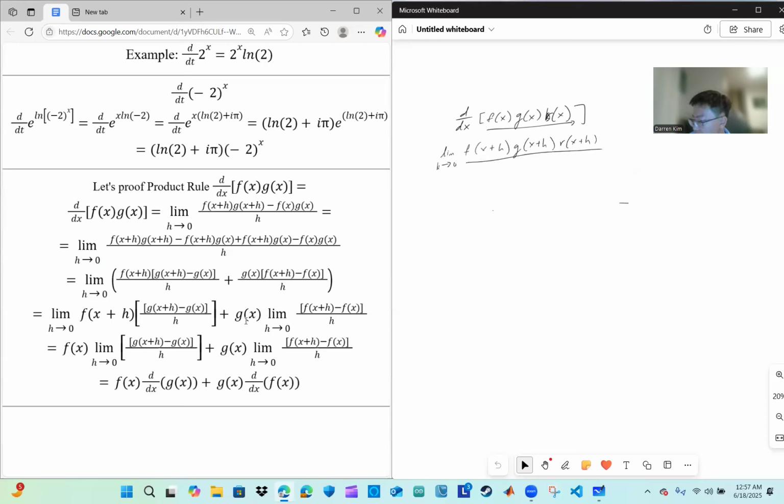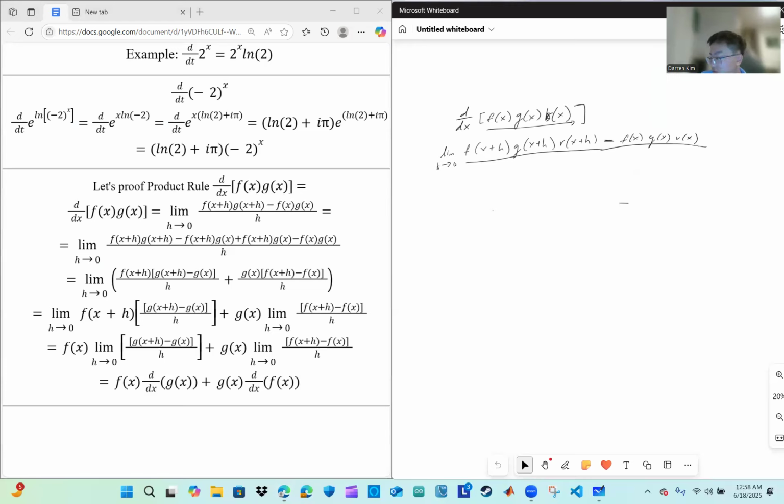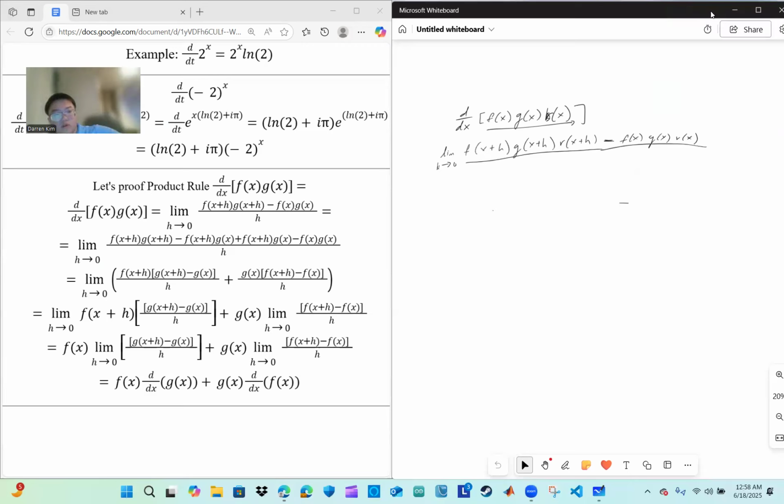Okay, why is my tablet not working now? Okay, now it's working. Now we continue, and then we say minus f(x), g(x), r(x), which is what we normally do. I think that's still visible, right? And then h on the bottom is what we normally have.